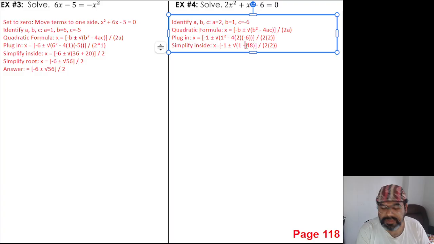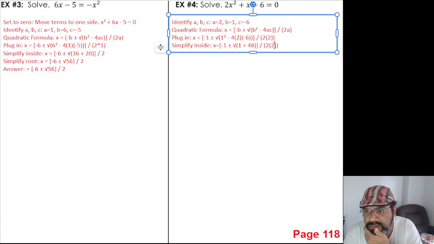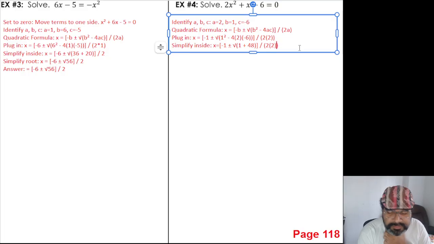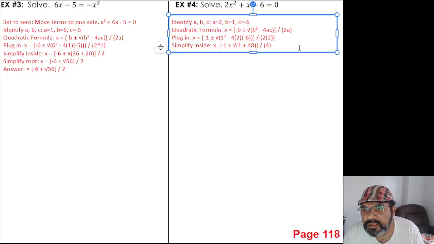The bottom will be here plus 48. And 2 times 2 will become 4. Nice. Simplified here would be square root of 49.